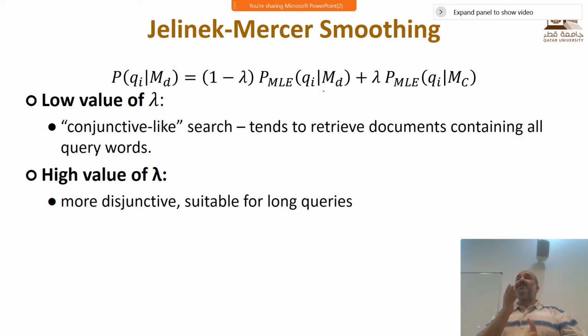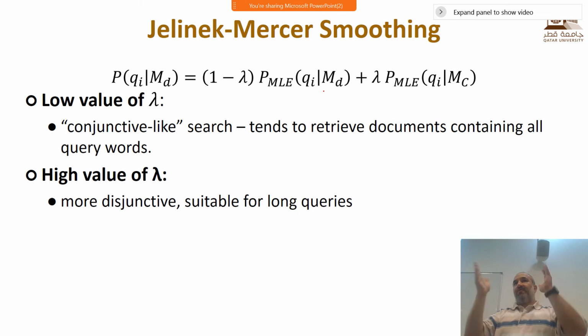And this is good for long queries. Because with long queries, there is a very low chance that a document will have all the words, right? So I might need some ORing concept or notion in the query.